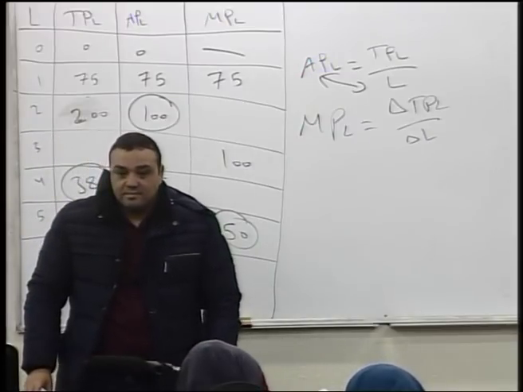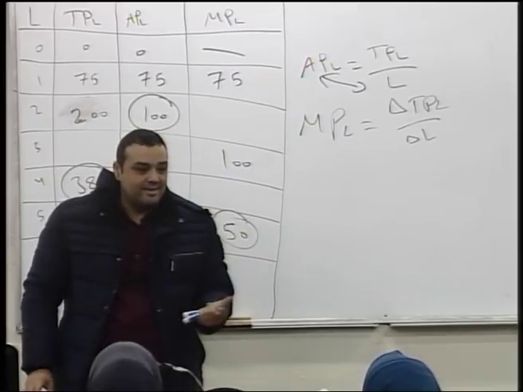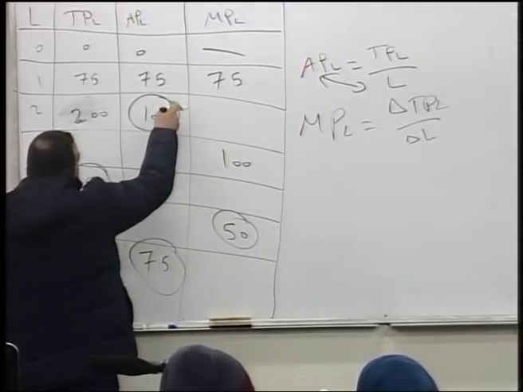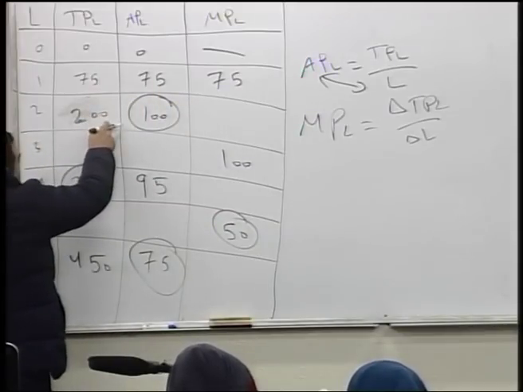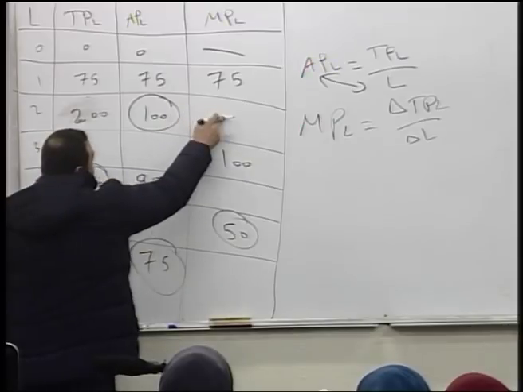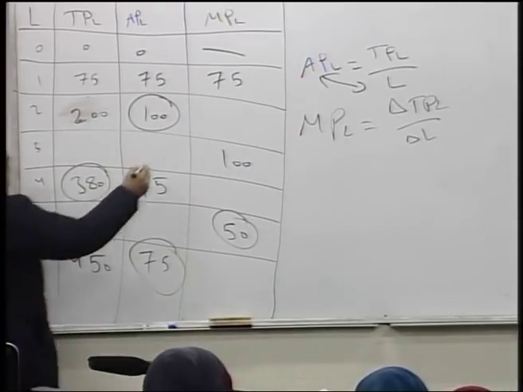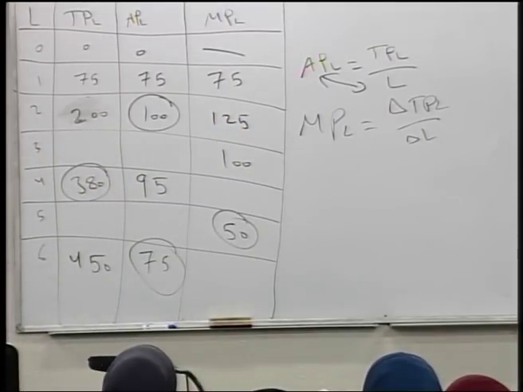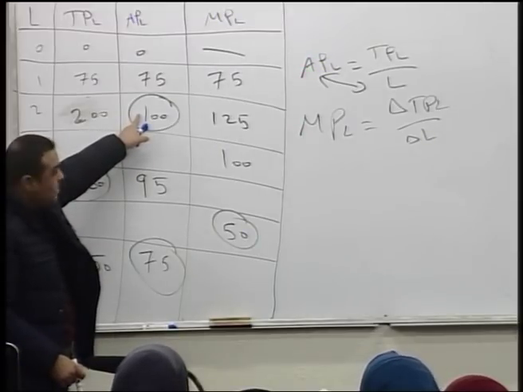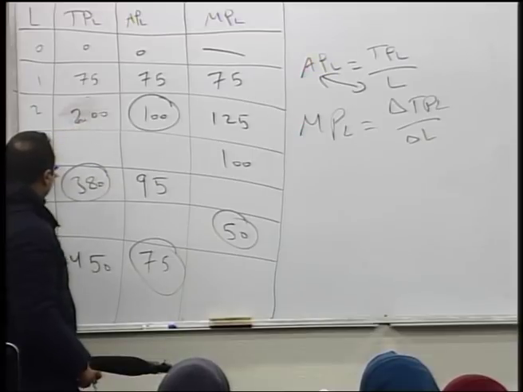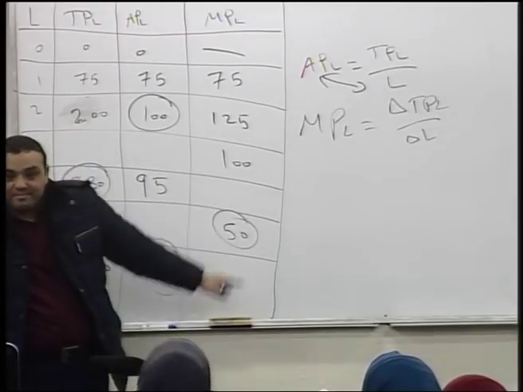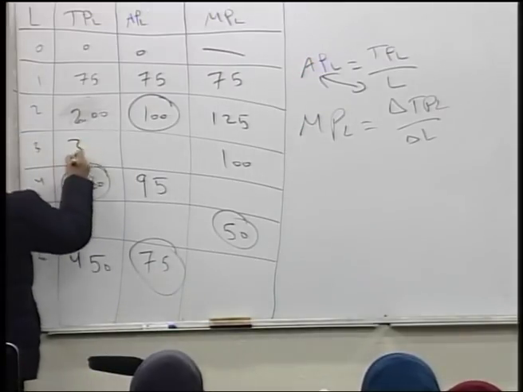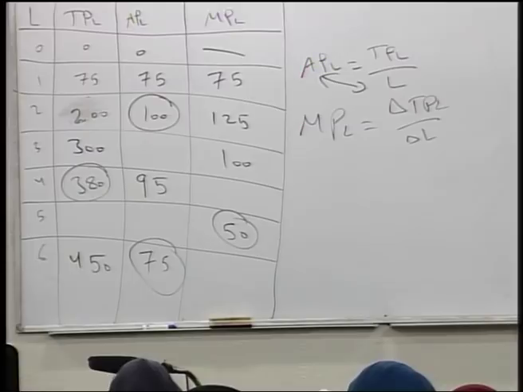Focus a little. 200 minus 75 over 2 minus 1 gives 125. Then 200 over 3 minus 2 gives us 100. So this here is 300. Then 300 over L is 100. We finished.